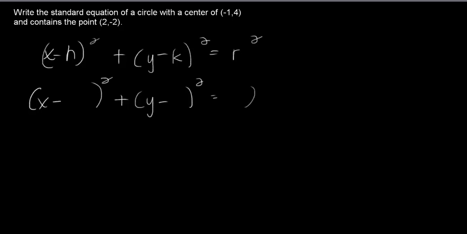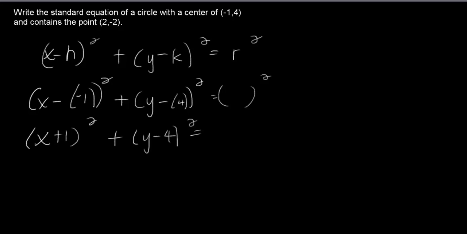And I don't know what r is yet, but I do know the center: the x value is -1, and that y value is 4. So to simplify this down, I could write it as (x plus 1) squared, because minus a negative, plus (y minus 4) squared equals something squared.